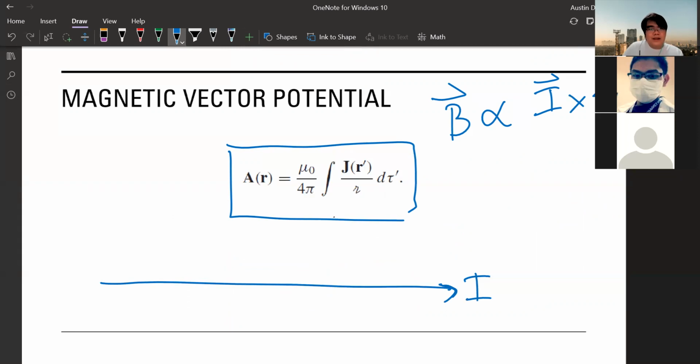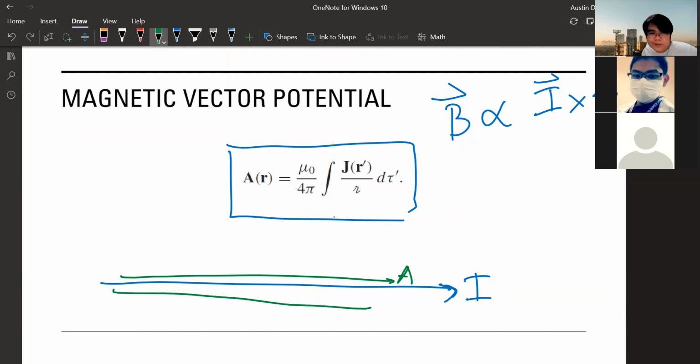So you know that A would actually be parallel with your I. That's your A. And you know na yung A mo nagde-decrease siya as you go far from the source charges. So just humihina siya.